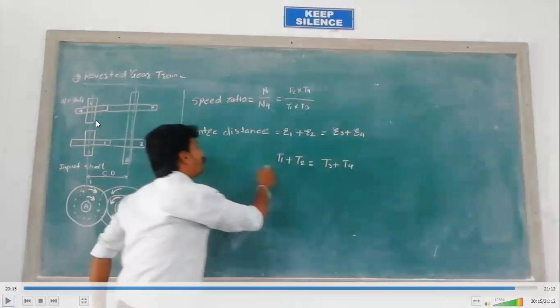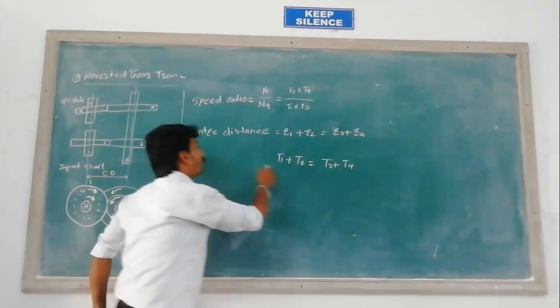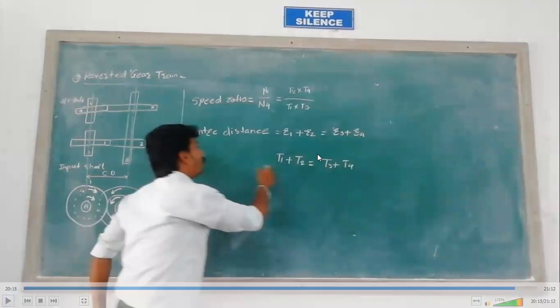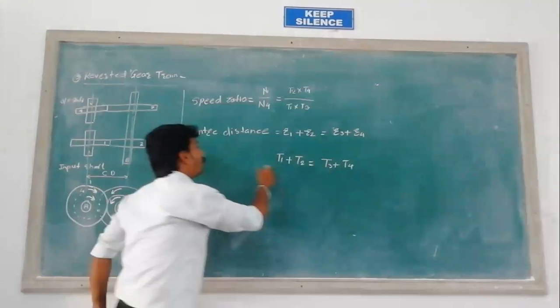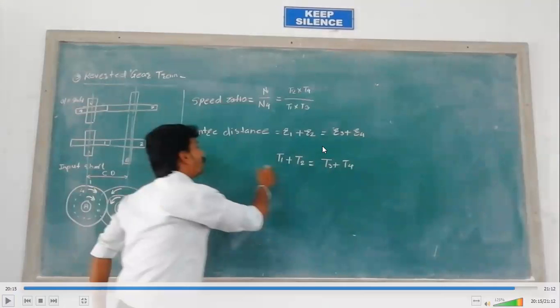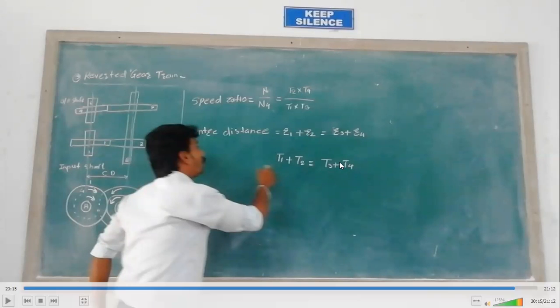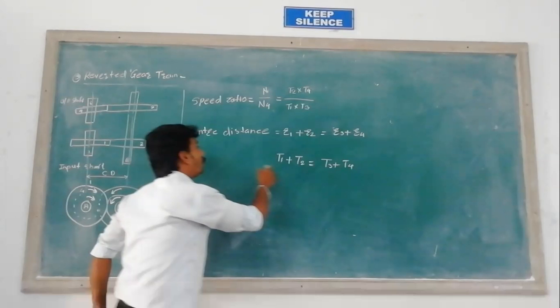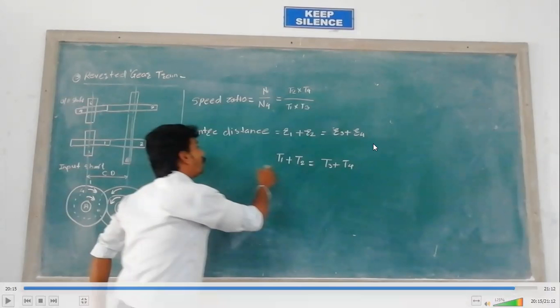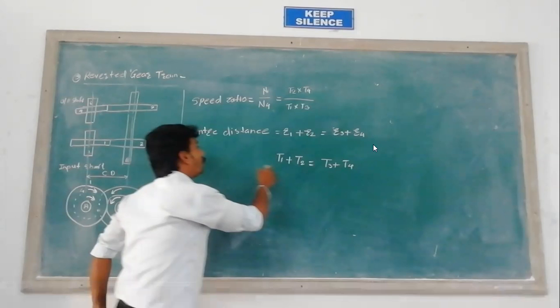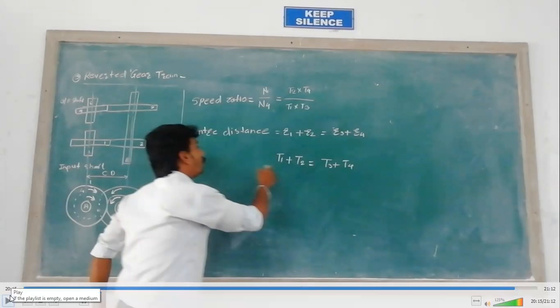If the circular pitch and module of the gears are the same, then we can write the equation T1 plus T2 is equal to T3 plus T4, where T1 is the number of teeth on gear 1, T2 on gear 2, T3 on gear 3 and T4 on gear 4. This equation is only applicable when module and circular pitch of the gears are the same.